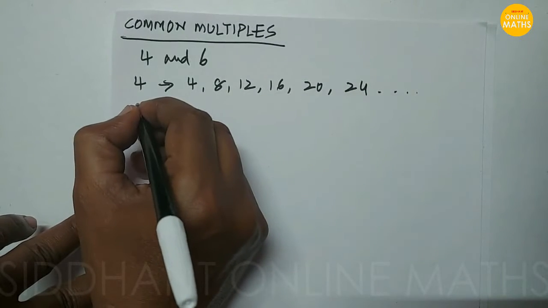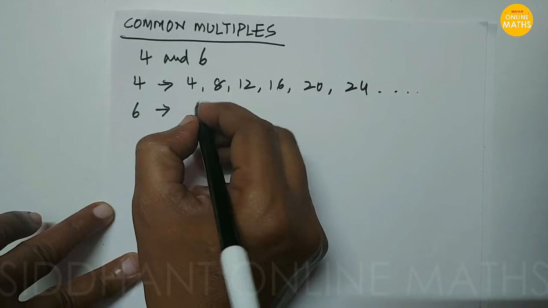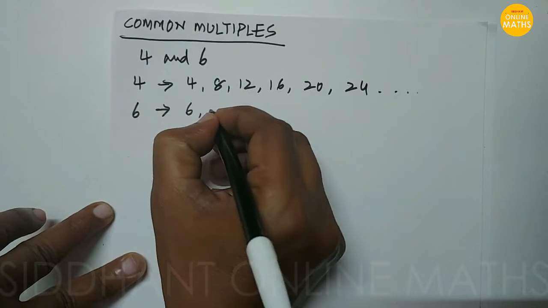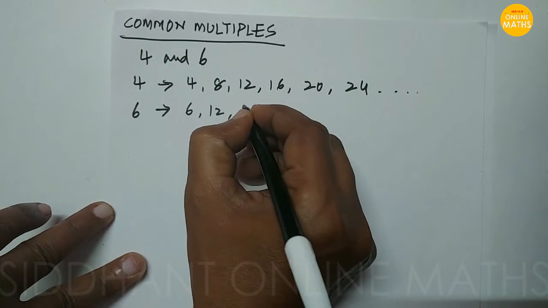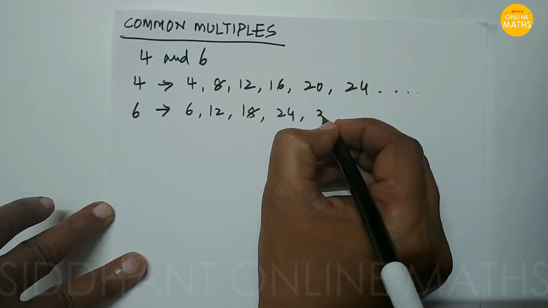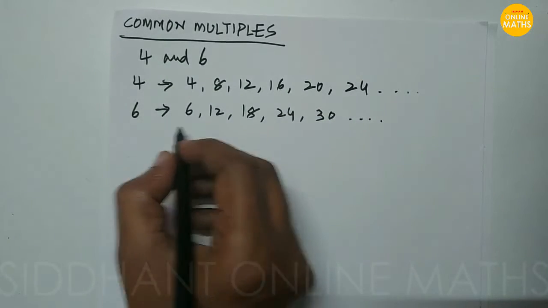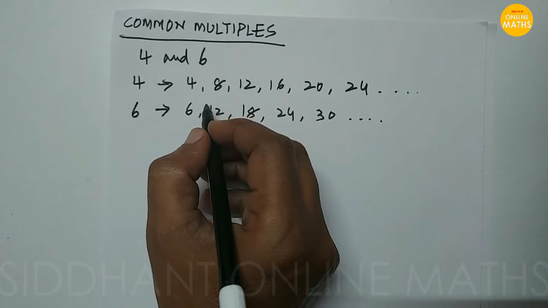The multiples of 6 will be 6, 12, 18, 24, 30, and so on. Now we are going to talk about the common multiples.